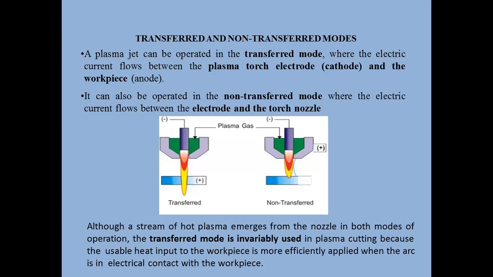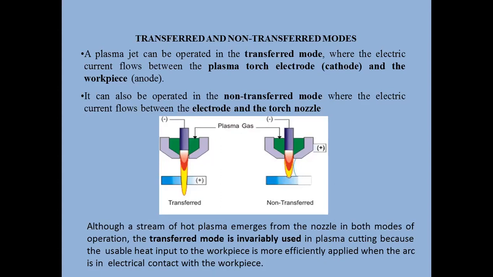Before that, I'm going to remind you that we have a power supply with a switched circuit, where we have the nozzle of the plasma jet as anode for one set of circuit, and for the other set we have the workpiece as anode.